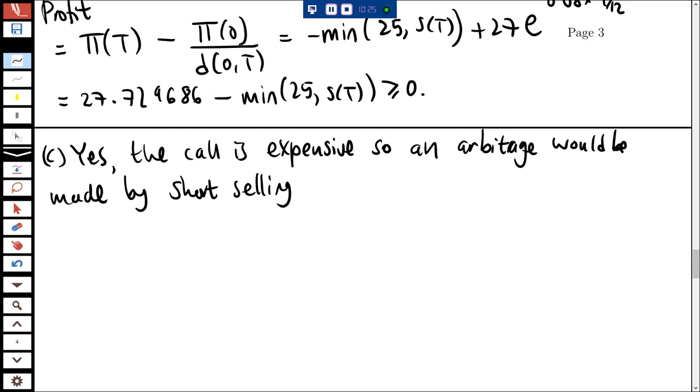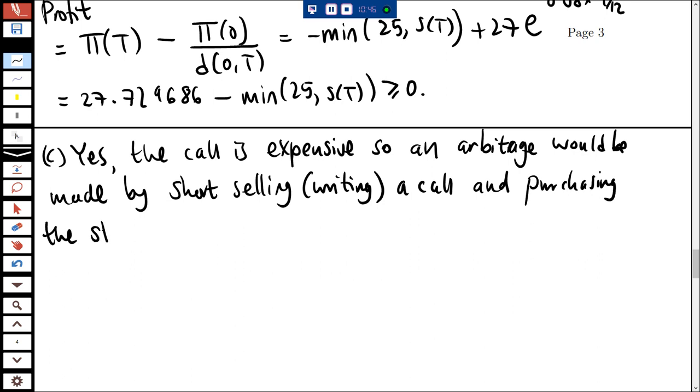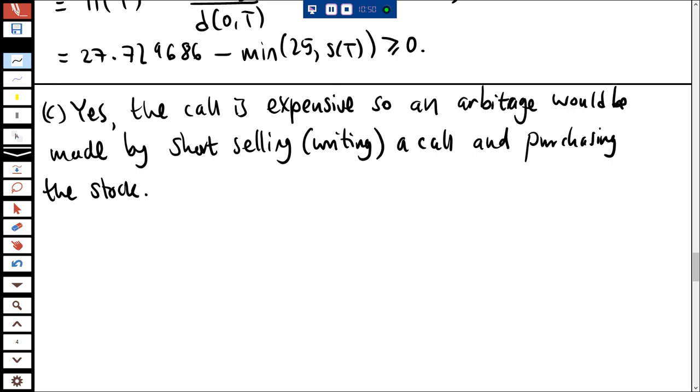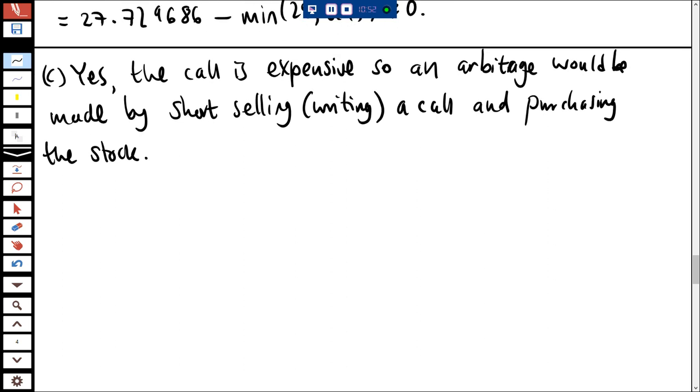Okay, it is overpriced, so we short sell it. Some people use the terminology of writing a call. Writing a call is just short selling it, write a contract. Okay, and to hedge the position, we're going to purchase the stock. So as mentioned before, calls and stocks should move in the opposite direction for a hedge.